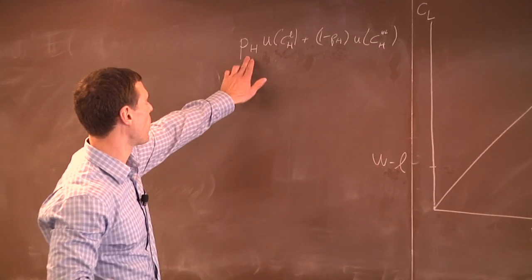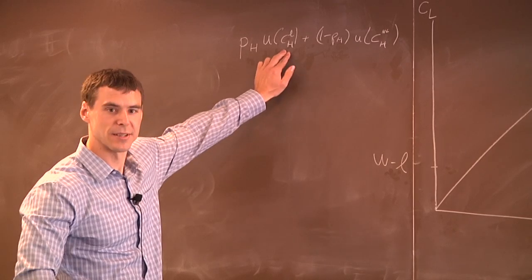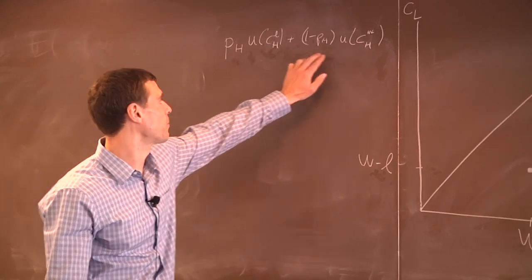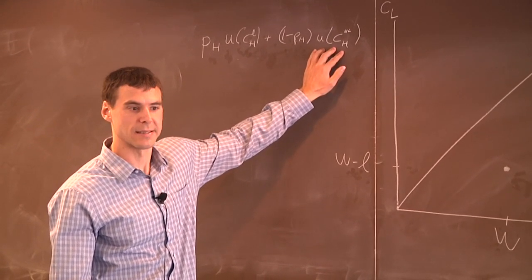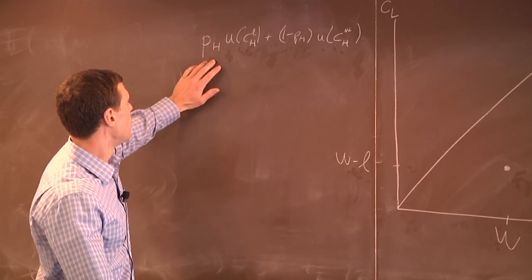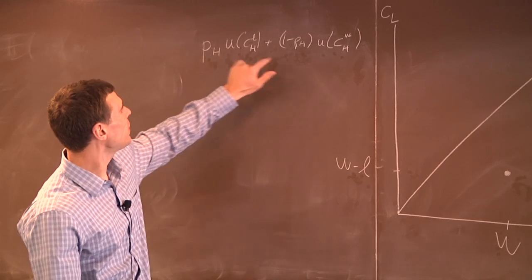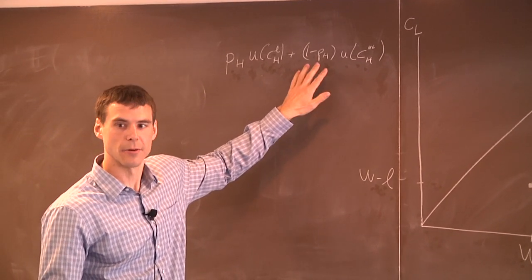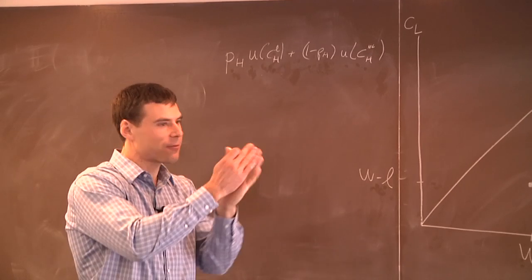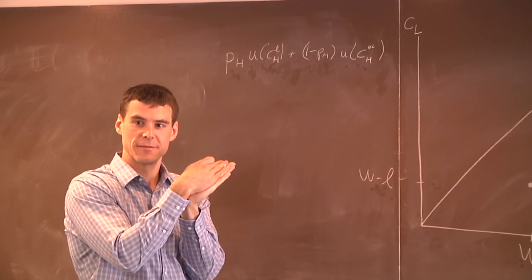Okay, so the probability that the loss happens times the utility of the consumption in the event that the loss happens, plus the probability that the loss does not happen, times the utility of the consumption in the event that the loss does not happen. And so what happens here is you note that the probabilities here would be different for the high type and the low type, the high risk and the low risk guy. And so this means that they're going to have differently sloping indifference curves.